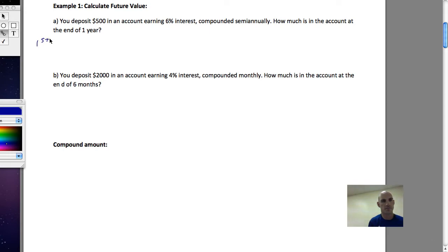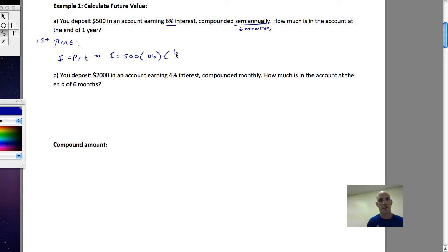First time. So the first time that it's compounded, we calculate the simple interest. So we have interest equals principal times rate times time. And so interest equals 500 times rate. So it's 6% interest semi-annually, so our time period is going to be 6 months.